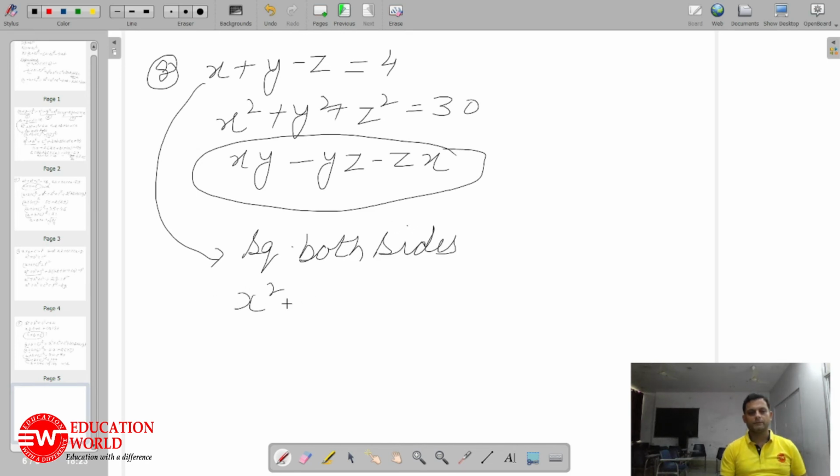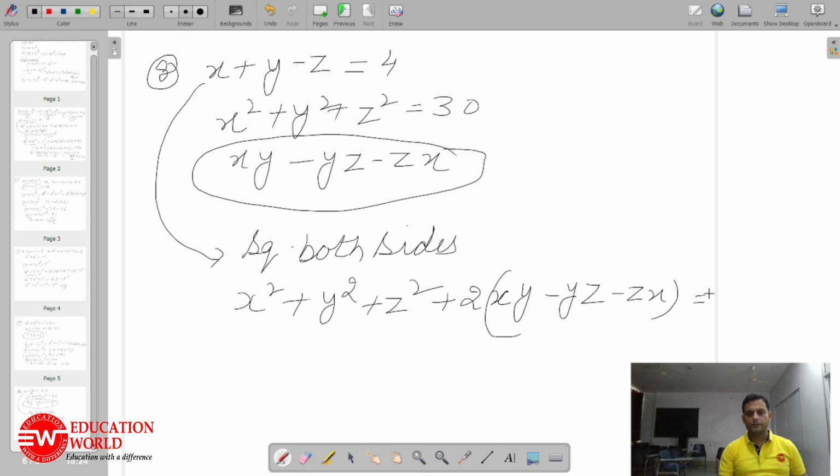The squares are always plus, remember that one, otherwise the combination you have to see. 2xy, I am taking 2 common, the combination you have to see, is equal to 4 square which is 16, so it is 30 plus 2(xy - yz - zx) equals 16.